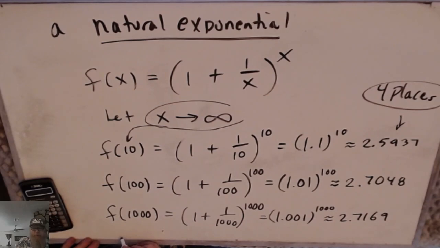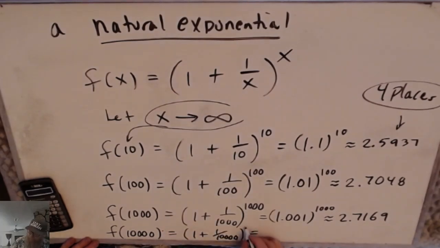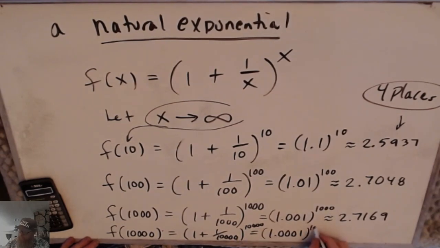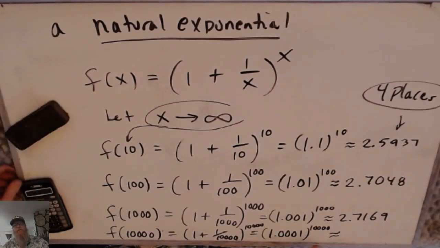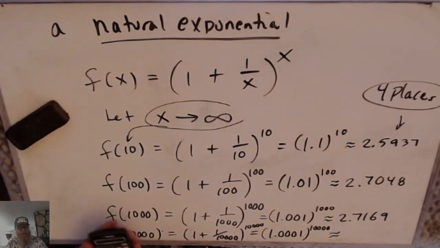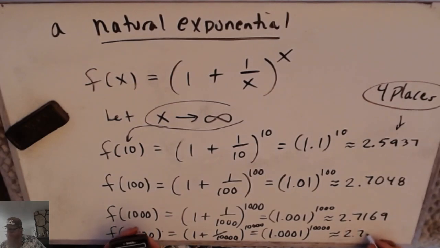I don't know if I have room for 1,000,000. Let's do 10,000. So 1.0001 to the 10,000th power. You might notice something.